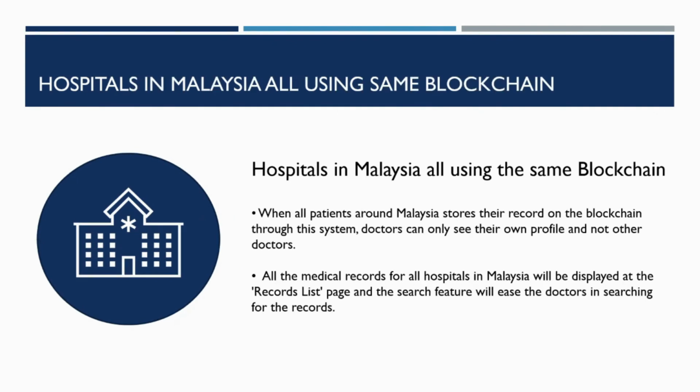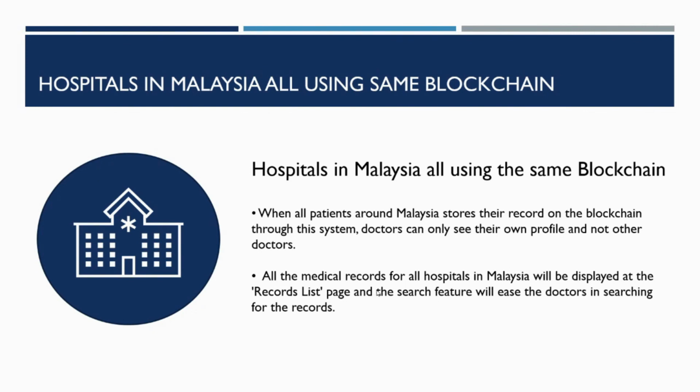And the next case is where hospitals in Malaysia are all using the same blockchain. This scenario is where the government says that the whole of Malaysia needs to use one blockchain, regardless of the franchise of the hospital. So the system can also accommodate this scenario, as when all patients around Malaysia store their records on the blockchain through this system, doctors can only see their own profile and not other doctors.